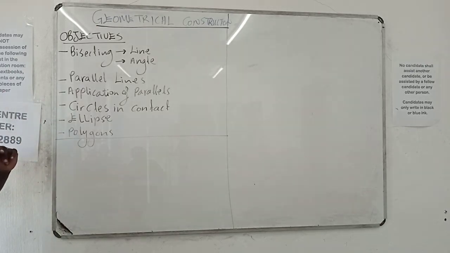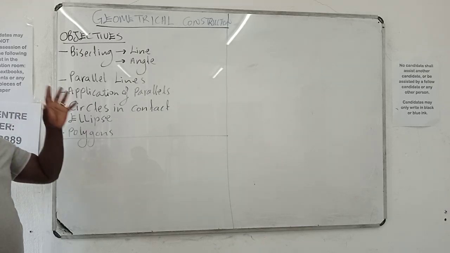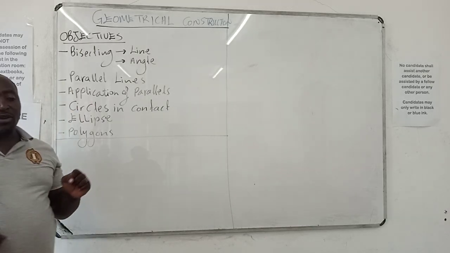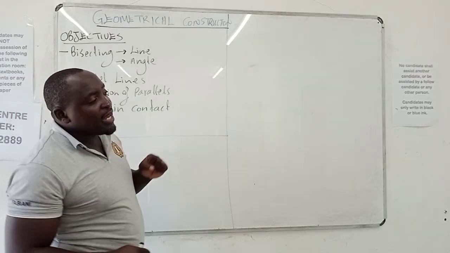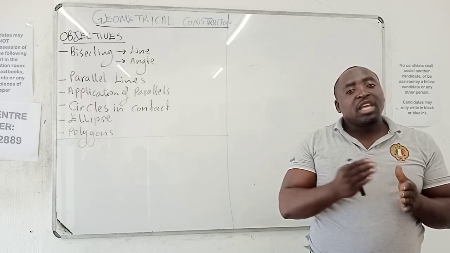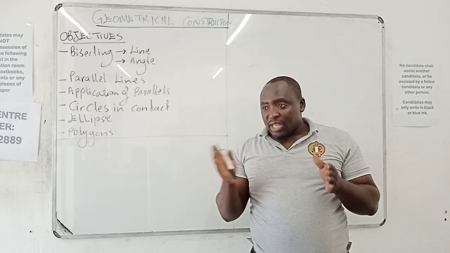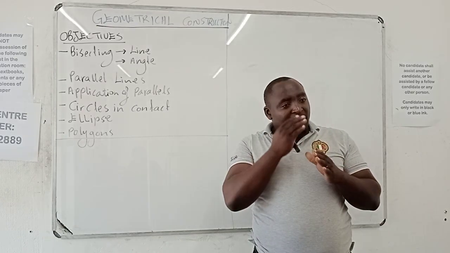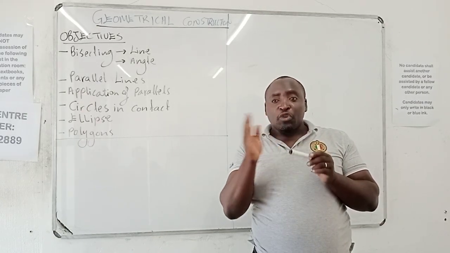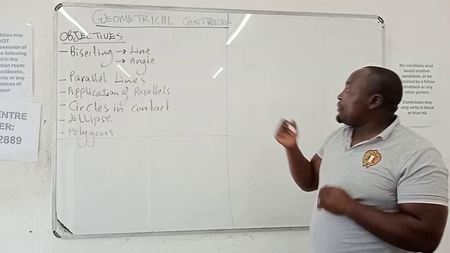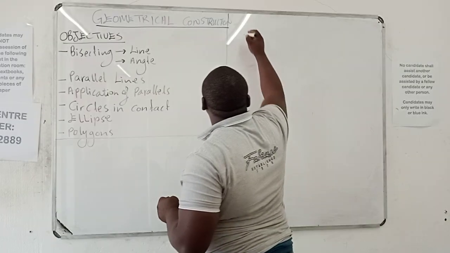How do we bisect a line? Then how do we bisect an angle? You need to understand bisecting is how you cut something into two equal sides. Bisecting is to cut maybe an object into two equal sides. So that is where we start from.